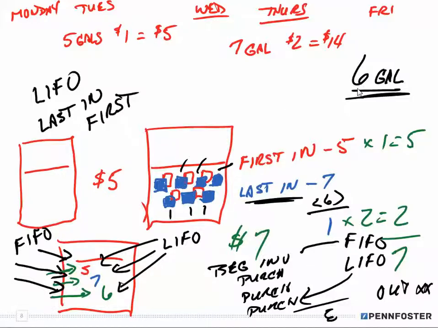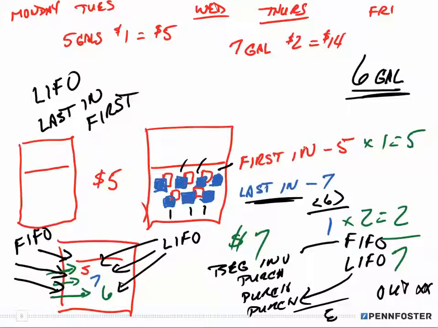So when it came time to take out 6 of them, depending upon the method we used, whether it was FIFO or LIFO would determine what we took out. If we were using FIFO, we would have started with the 5 that were in the back because they were the first ones in. If we were using LIFO, we would have taken out from the group of 7 because they were the last ones to be put in, okay?